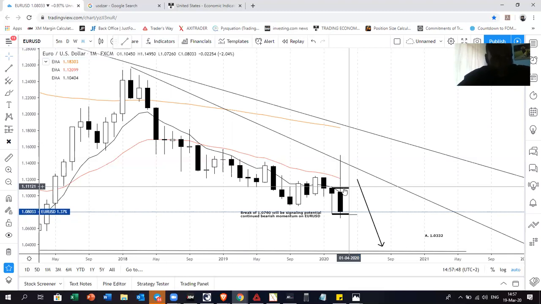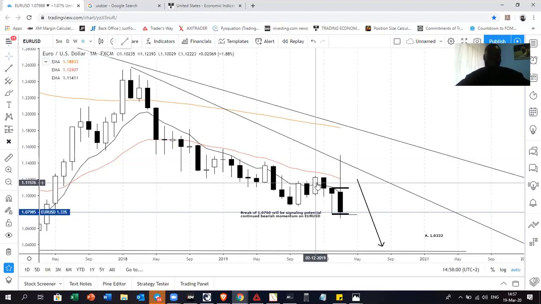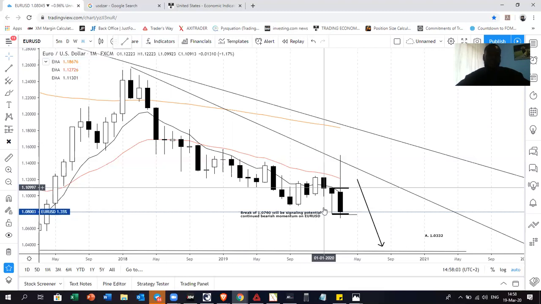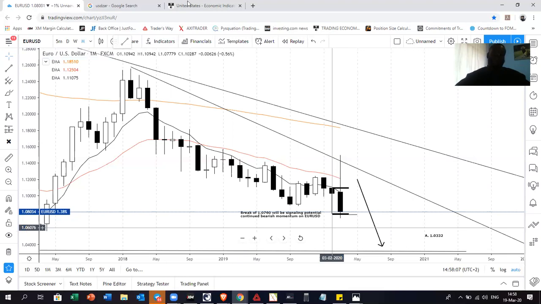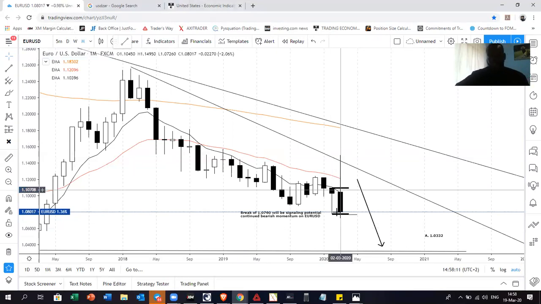The high was 1.1099. And then over here it was 1.0781. So 1.1099 was the high of last month, and 1.0781 was the low of last month. All right. Now we know what the highs and the lows were.